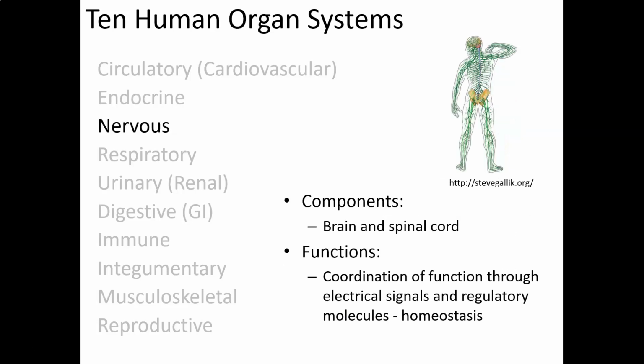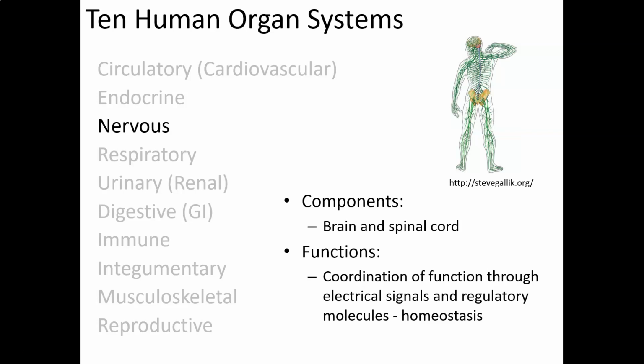The nervous system is made up of the brain and spinal cord, as well as, probably should put it on the slide actually, the nerves that go to and from it. So as an example, I think most of you remember from anatomy that there are nerves in the brain. We call them cranial nerves.